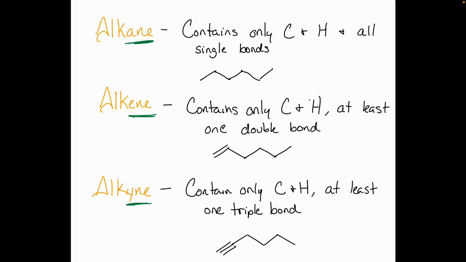All right, so now let's start throwing some other elements in there. An alcohol contains an OH group. We will often represent any molecule with an OH group with this R format here.